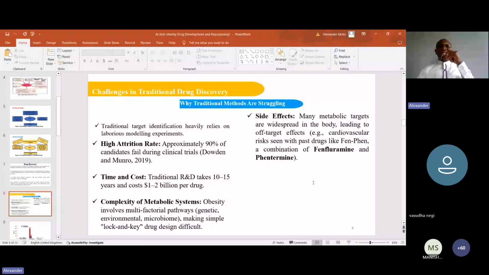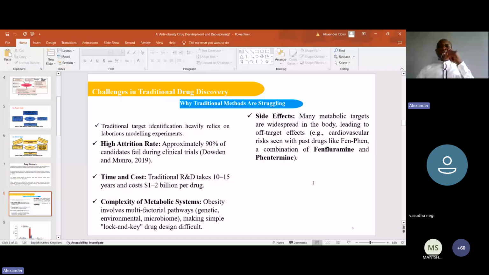It has a high attrition rate, that is, approximately 90% of druggable candidates fail during clinical trials. Besides that, it takes a long time and is very expensive. The complexity of the metabolic system of diseases is also a challenge. And besides that, the side effects of some drugs are also a challenge in the traditional drug discovery process.